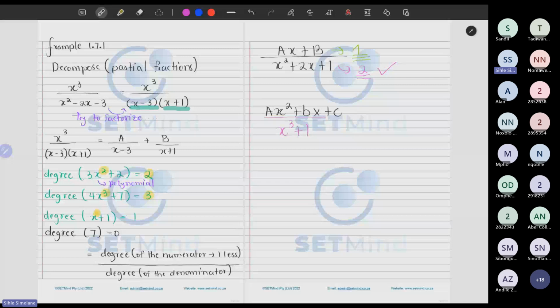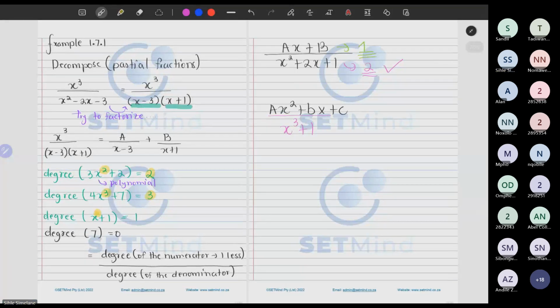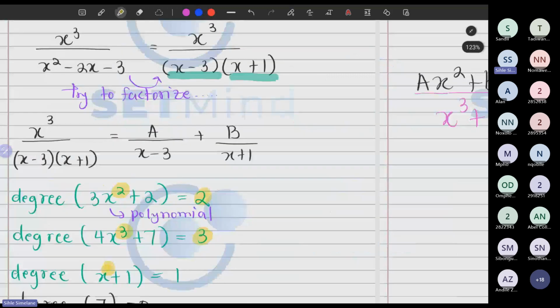That makes sense now why I took x plus 3 and then on top I put a constant. It's because the denominator is degree 1 and the numerator, which is a constant, has degree 0. Hope that makes sense.